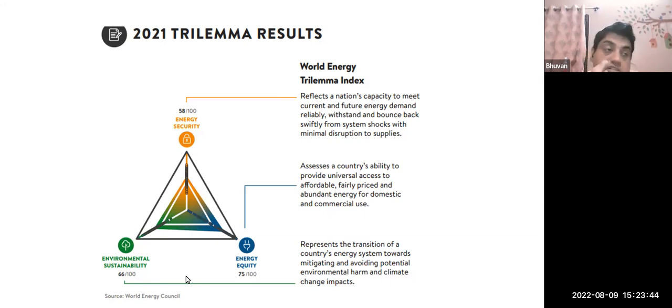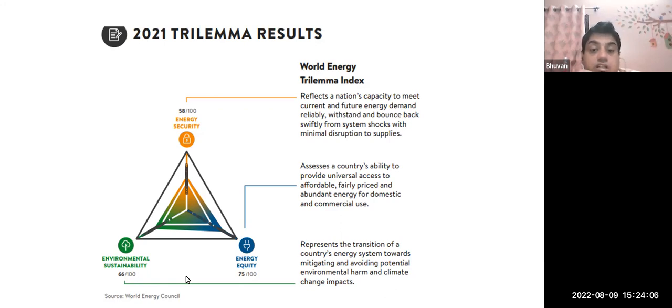The European countries are leading in energy security. Baltic and Nordic nations such as Sweden, Norway, and Denmark are performing fairly in the World Energy Trilemma Index.